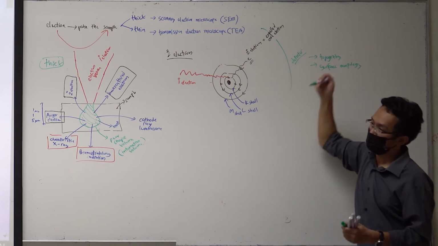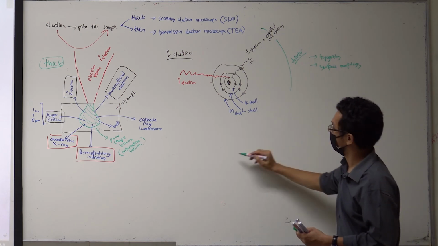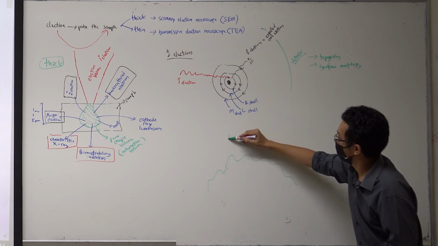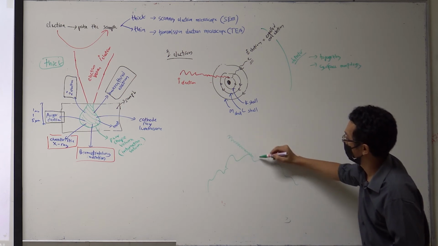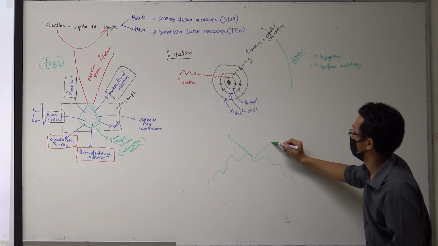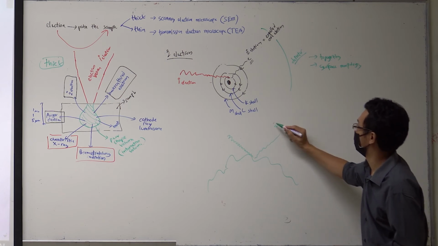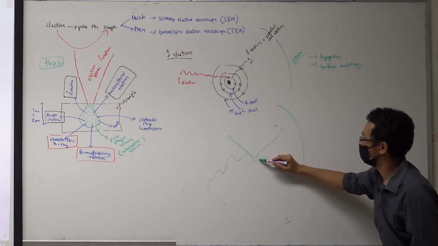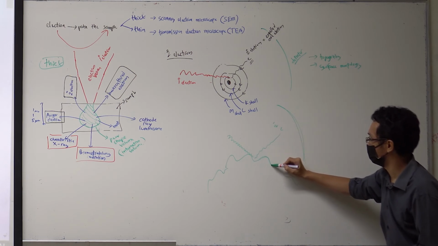You have your sample, and then you have the electron beam, and then something expelled coming out. So this secondary electron goes to the detector.